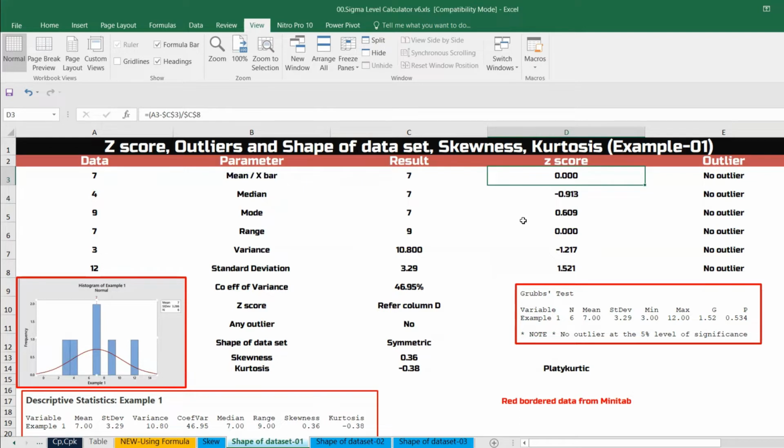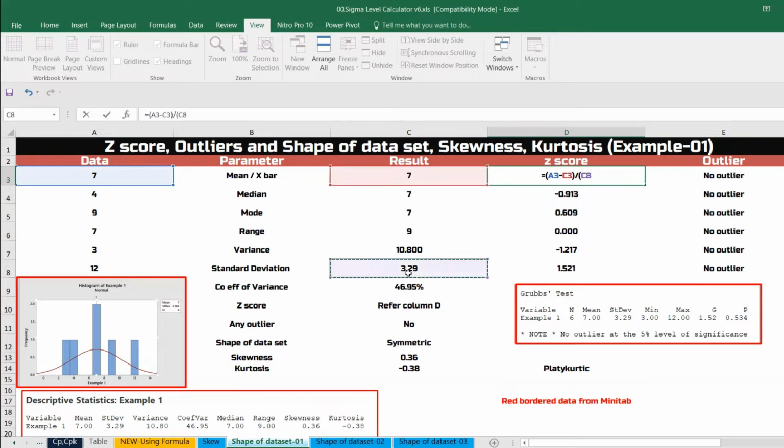So let me do it one more time: you give equals x minus x bar divided by standard deviation. Standard deviation is this value.